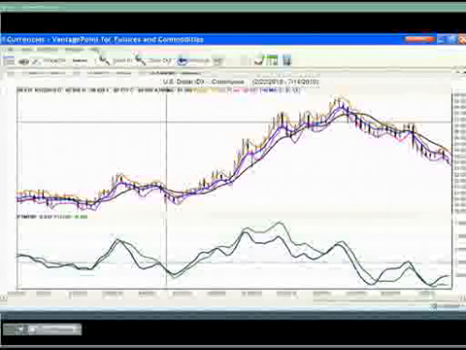When we look at that trend, we know in hindsight that trend is moving up. We don't know that as we're looking at it at the left side of the screen. We don't know that there's going to be a long-term trend, but we are going to assume that we're going to ride the profits. We're going to ride the trend as much as we can until it tells us otherwise.